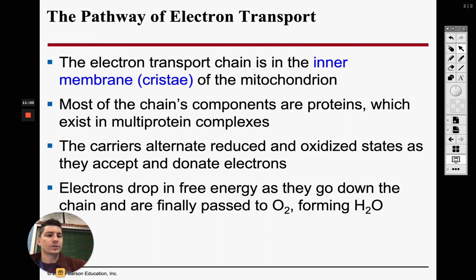We then moved to the mitochondrial matrix, the way inside of the mitochondria, to do the Krebs cycle. Now we're going to move outward to the inner membrane of the mitochondria. The cristae are all the folds. That increases the surface area, and I will show you what is so important about that when we go over the picture.